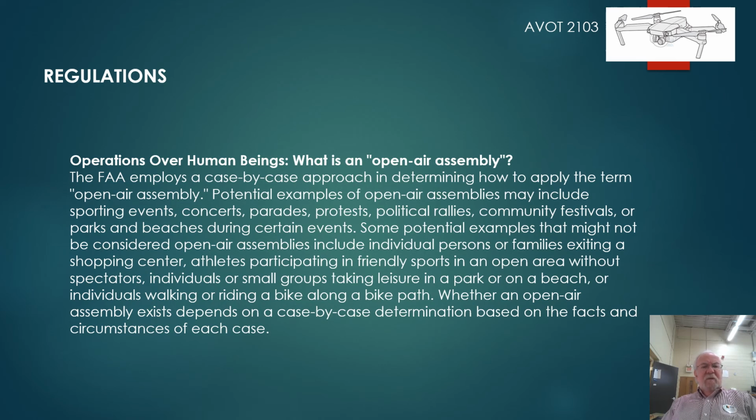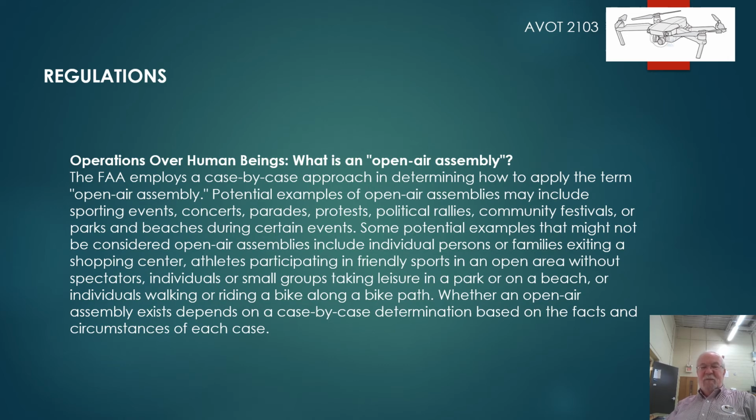Another question was, what is an open air assembly? To be more closely defined what that is, the FAA employs a case-by-case approach in determining how to apply the term open air assembly, right? And they give some examples: sporting events, concerts, parades, protests, political rallies, community festivals, or parks and beaches during certain events.